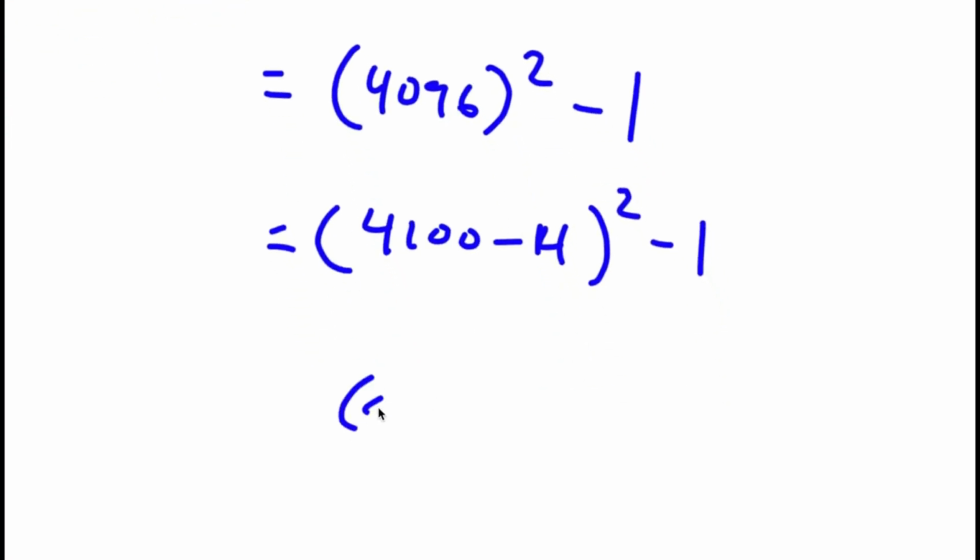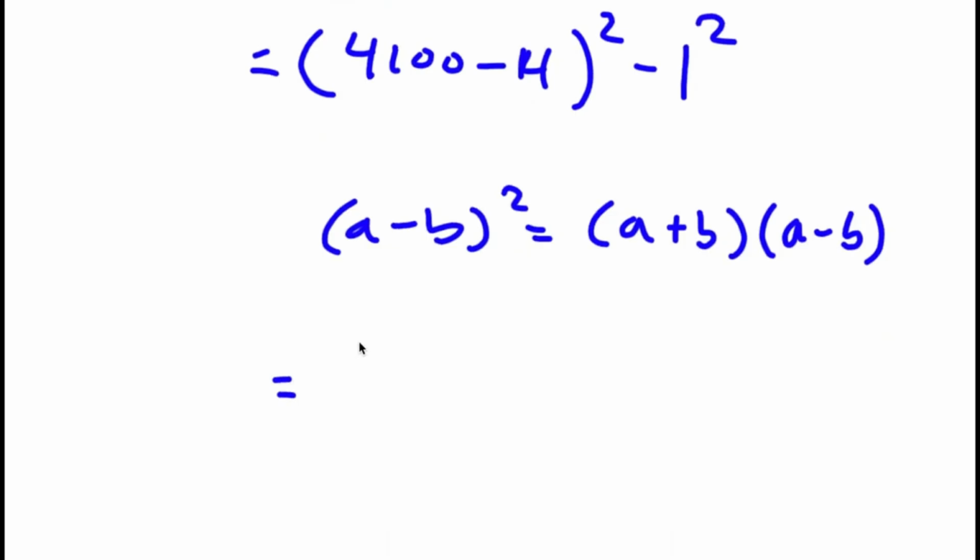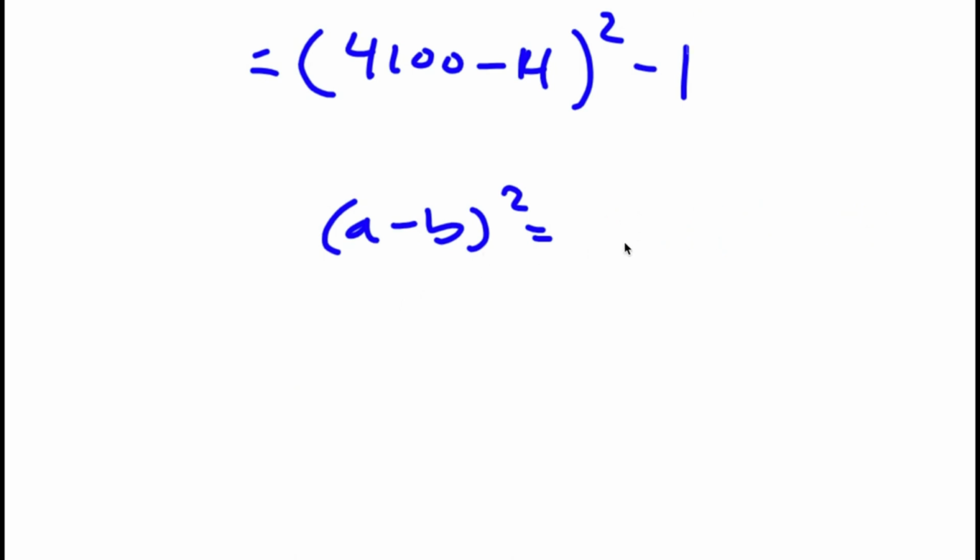And if I have something in the form a minus b squared, this is equal to a plus b times a minus b. So 4100 minus 4 squared minus 1, and 1 is the same thing as 1 squared. Sorry, it's not a plus b times a minus b, it's actually a squared minus 2ab plus b squared.